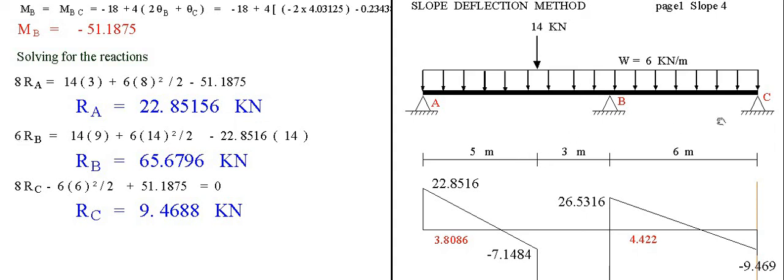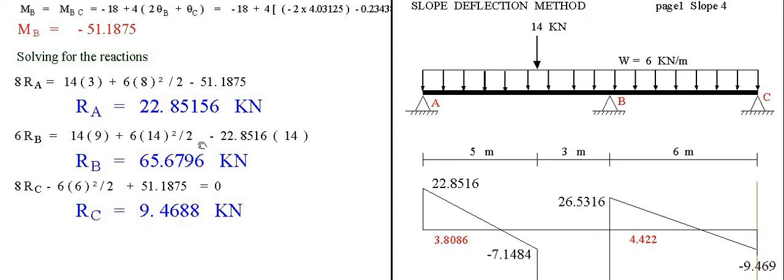So RB times 6 is equal to 410 times 9 plus uniform load WL square over 2, 6 times the whole, 8 and 6 is 14 square over 2, minus the reaction at A, 22.856 times 14.